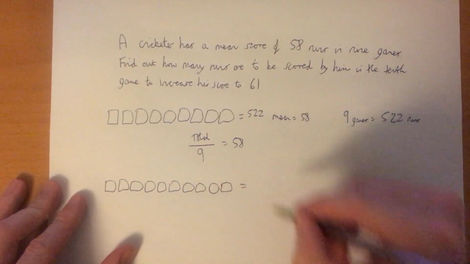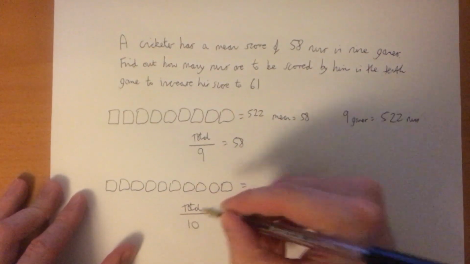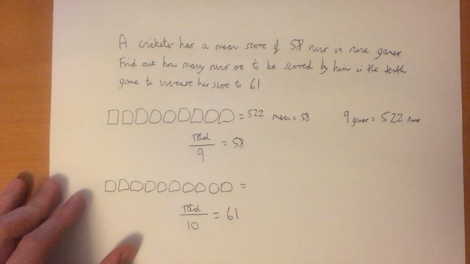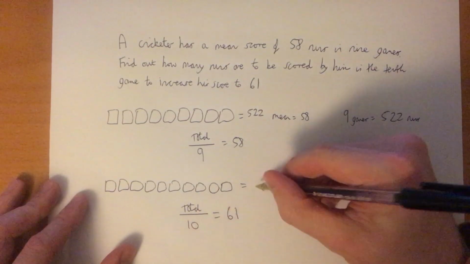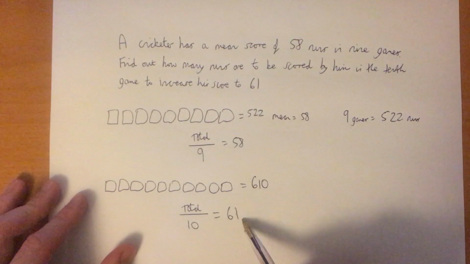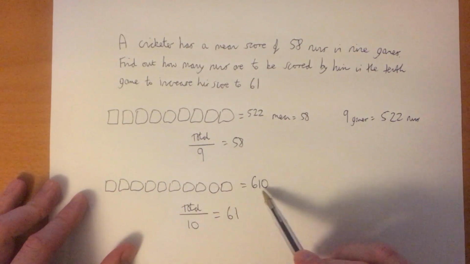We don't know what the total is yet, but we know that whatever the total is, we need to divide by 10 because there's 10 games, and we want it to equal 61 because that's our new mean. So 61 times 10 to get the inverse is 610. So for his mean score to be 61, we'd need those 10 games to add together to get 610.